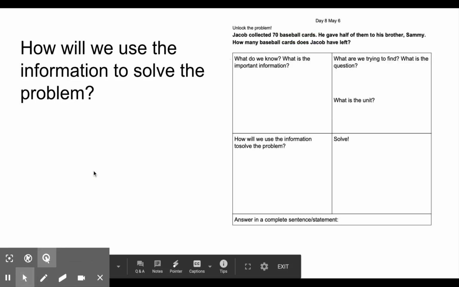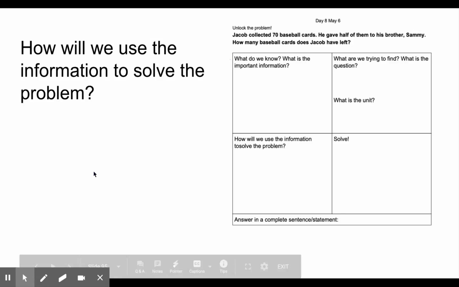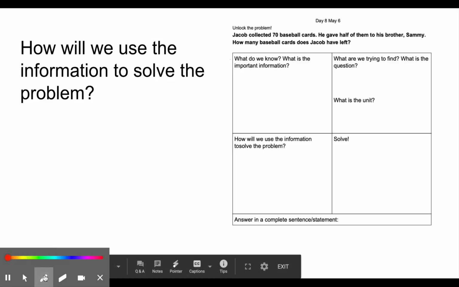All right. How will we use this information to solve the problem? This is a big problem because we need to find out what is half of 70. So we need to think about 70 as a whole. You can solve this a few ways.